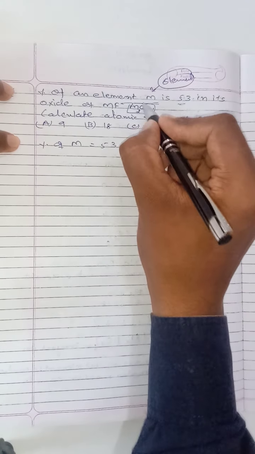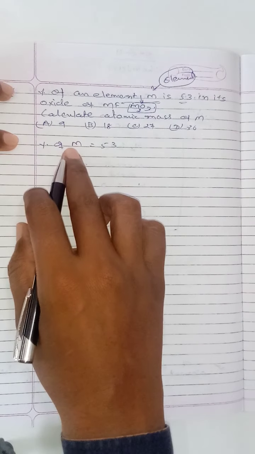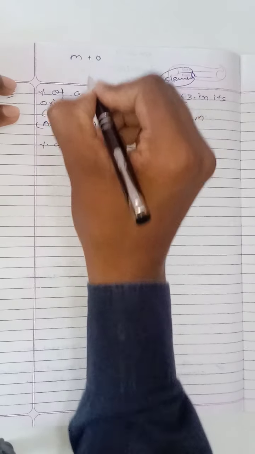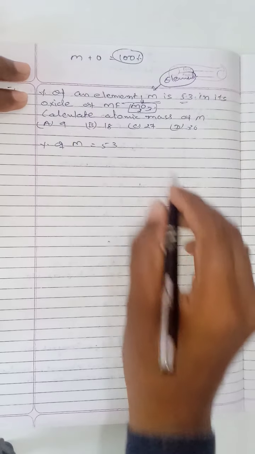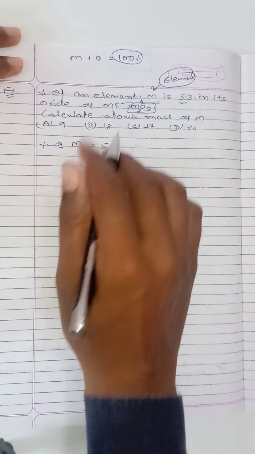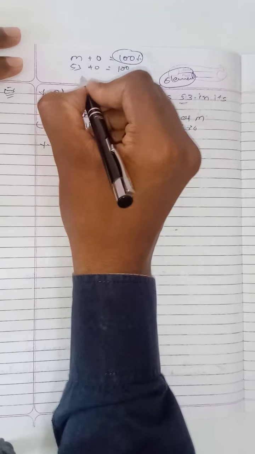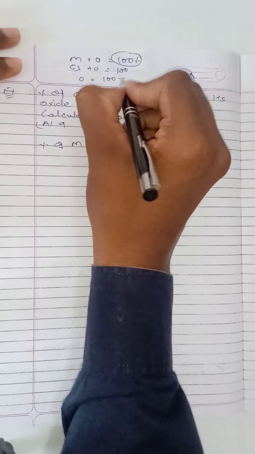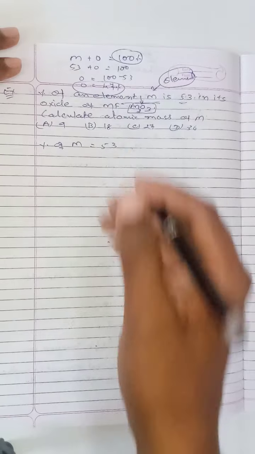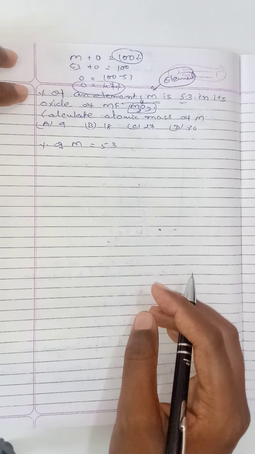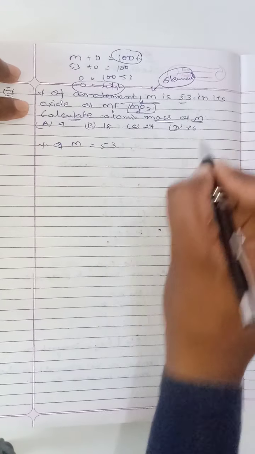What about the percentage of oxygen? M and O are the two elements, and the total percentage is 100. So for oxygen, 100 minus 53, the oxygen percentage is 47, which we can calculate very easily.